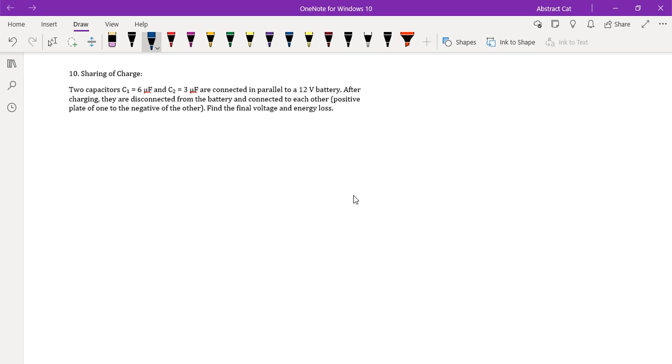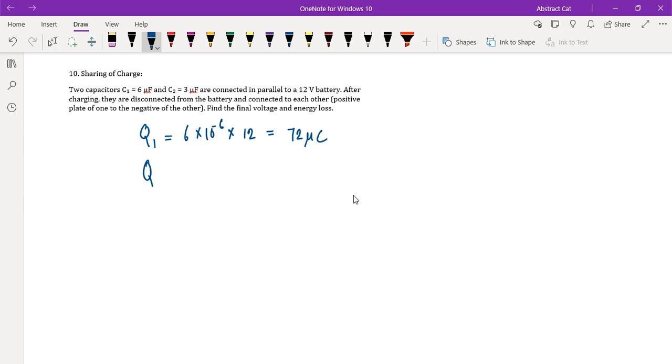So first, very easily calculate the Q1 charge stored. If connected in parallel, obviously they are charged with a different charge. So Q1 equals CV, 6 into 10 to the power minus 6 into 12, 12 sixes are 72 microcoulomb.